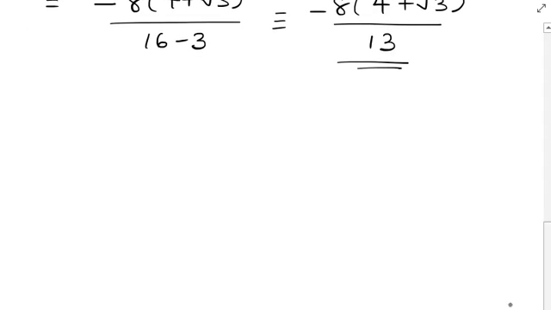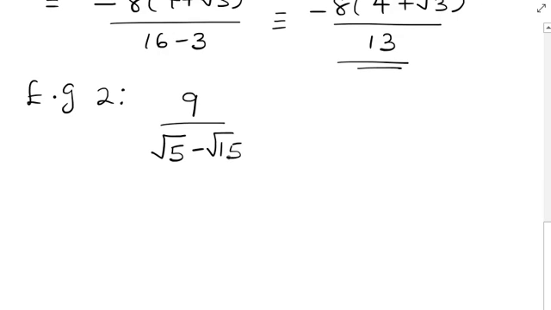Let's look at another example. Example 2, 9 over root 5 minus root 15. So the conjugate here will be root 5 plus, we're changing the minus sign, plus root 15. So we use this to multiply the numerator and the denominator here.